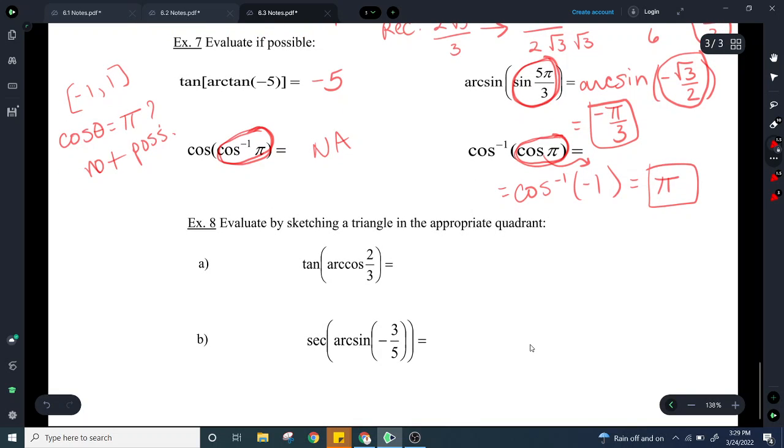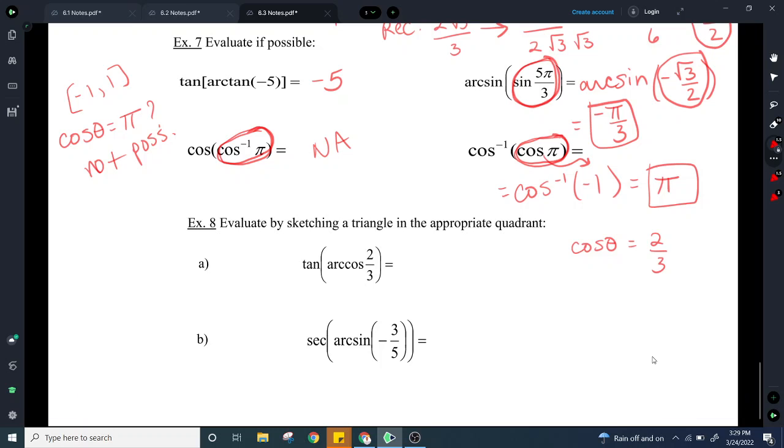All right, these next couple of questions, we're looking at values that are not unit circle values. So it says evaluate by sketching a triangle in the appropriate quadrant. So start on the inside again, just like we did in the previous questions, arc cosine of 2/3. So this is the angle, right? If I want to evaluate arc cosine of 2/3, that's like saying I want the angle whose cosine value is 2/3.